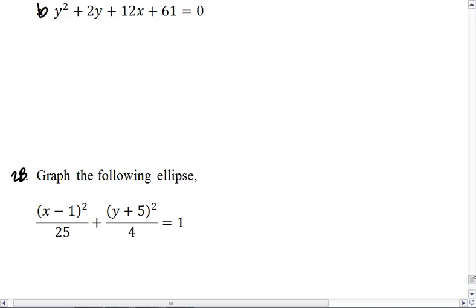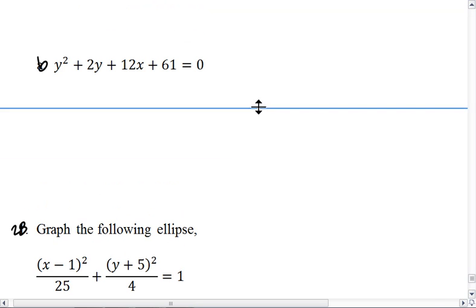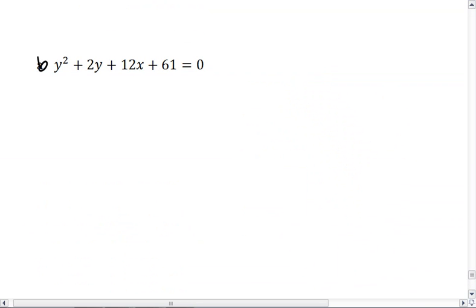For part B, I notice I have a y squared here. Since y is squared, I'm going to solve for x. I get 12x equals negative y squared minus 2y minus 61.